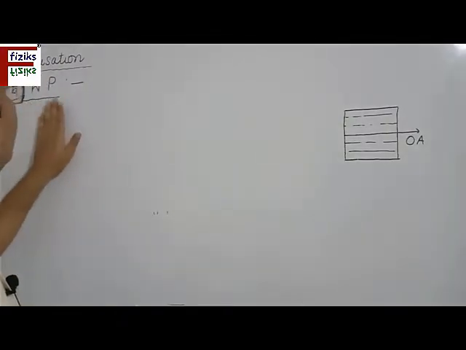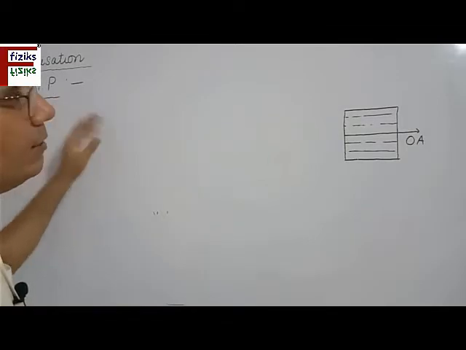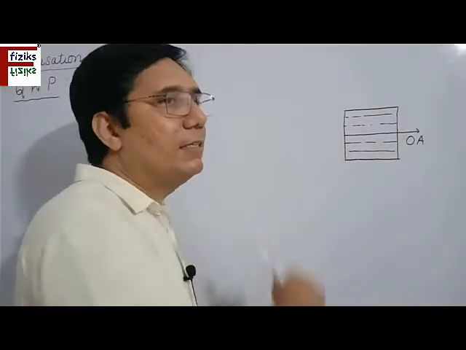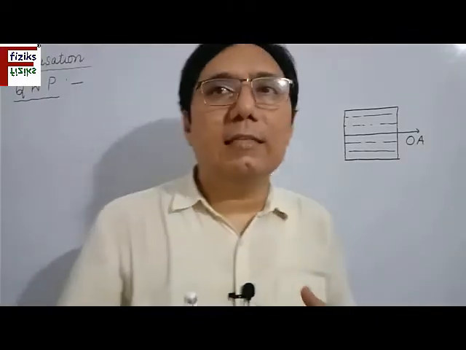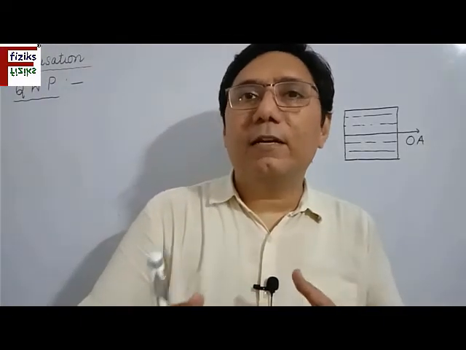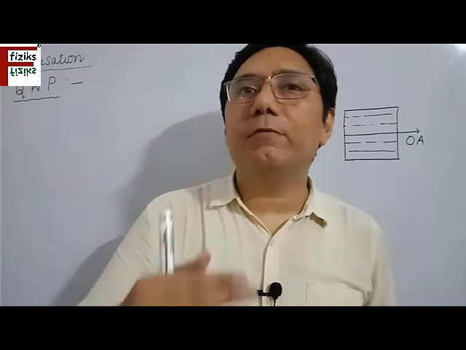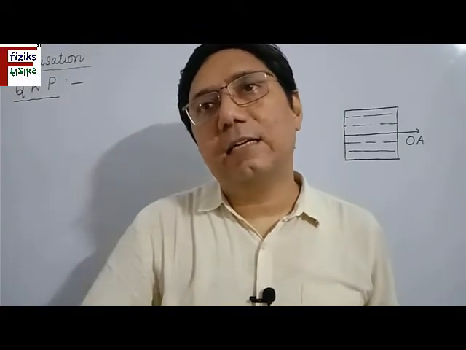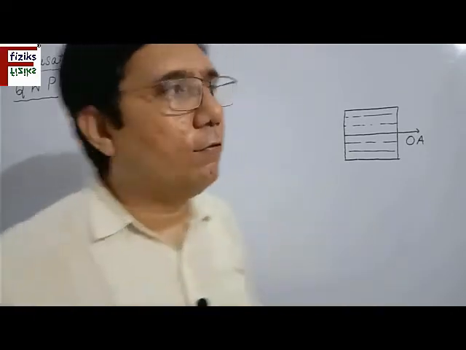Now, what is the meaning of quarter wave plate? In a quarter wave plate, the thickness of this doubly refracting crystal is such that the path difference introduced between O ray and E ray is exactly equal to lambda by 4.